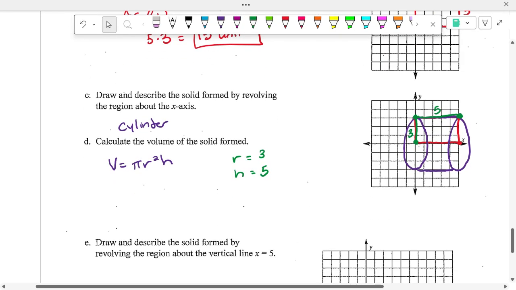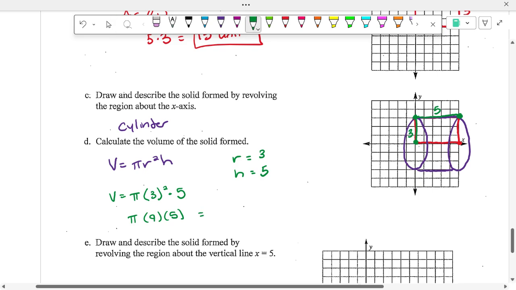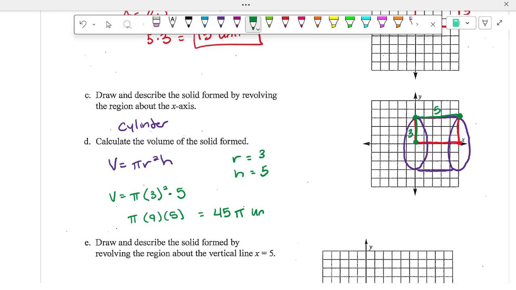So this would be V is equal to pi times 3 squared times 5. What's 3 squared? 9. So this would be pi times 9 times 5. What's 9 times 5? 45. So 45 pi units cubed is my volume.